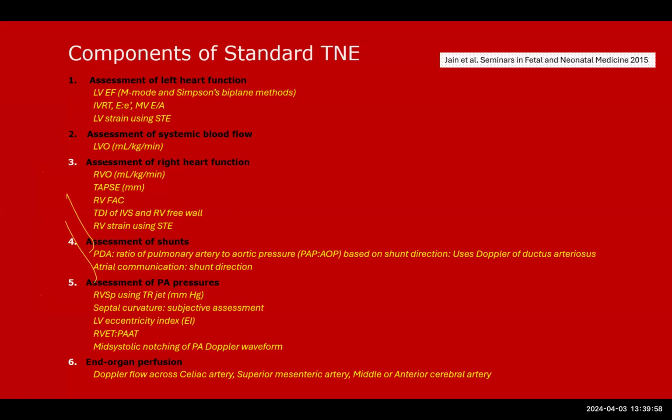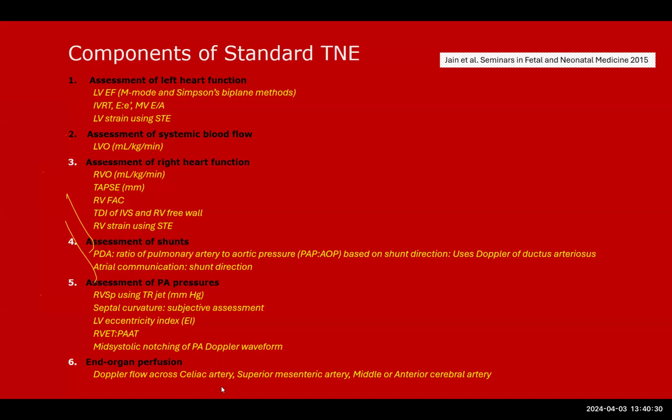Septal curvature can also tell us, like in the second scenario with a lot of paradoxical septal movement, that the pulmonary pressure is suprasystemic. You can measure the LV eccentricity index from the parasternal short axis view. You can look at the pulmonary Doppler waveform to see if there's any mid-systolic notching. RVET to time to peak velocity ratio is also very helpful. If it is more than 4, it likely signifies significant pulmonary pressure.